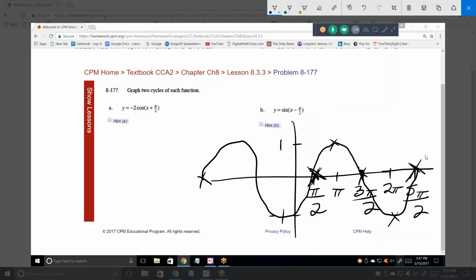So I have precisely 2 cycles. I kind of like drawing it into negative territory anyway, because that makes me go through the y-axis. If I had just drawn another cycle to the right, it would not have had a y-intercept, which always looks a little strange.